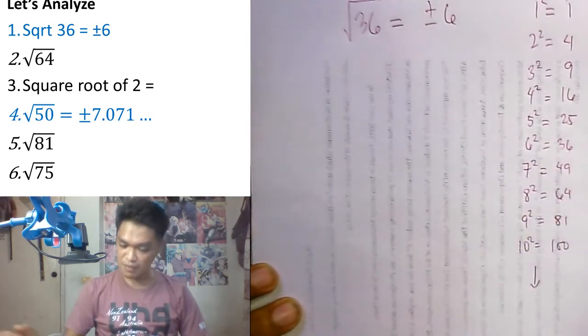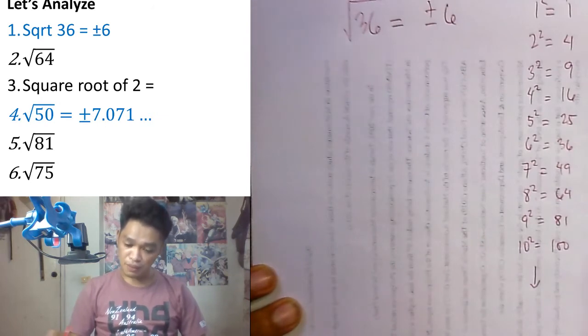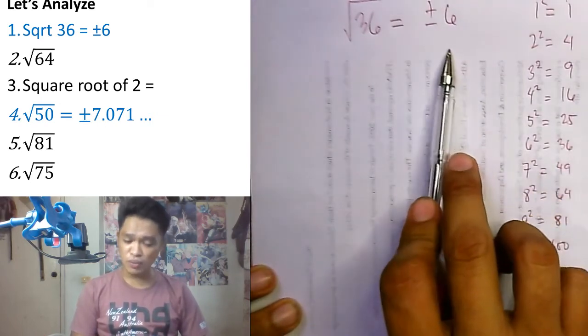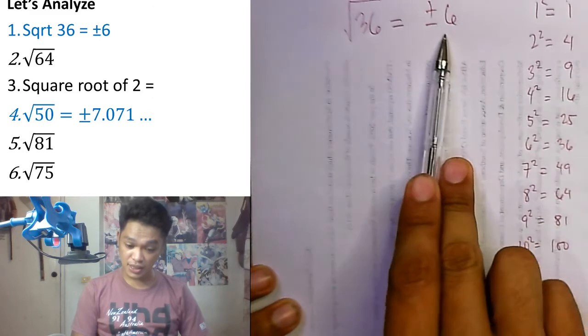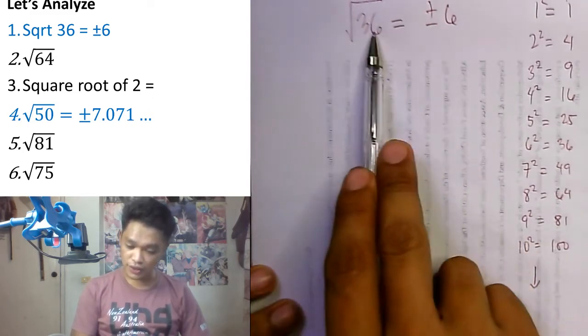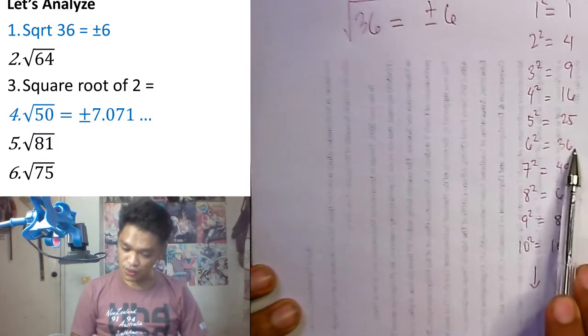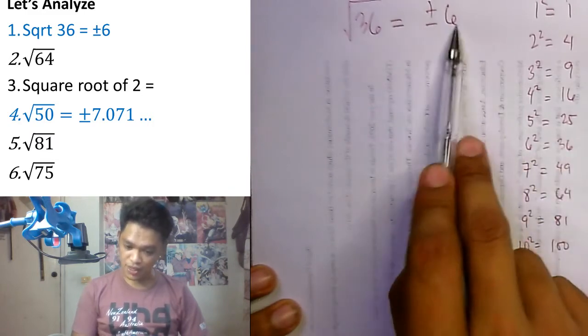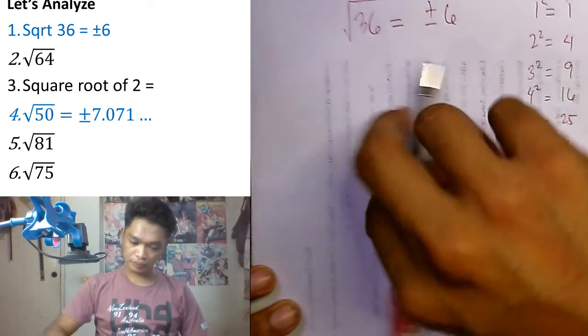There are many more. So how did we get plus or minus 6? The square root of 36 is 6, so we write 6 here.